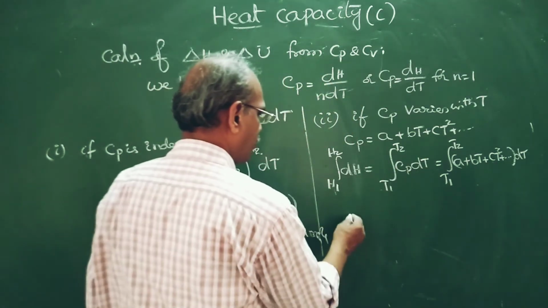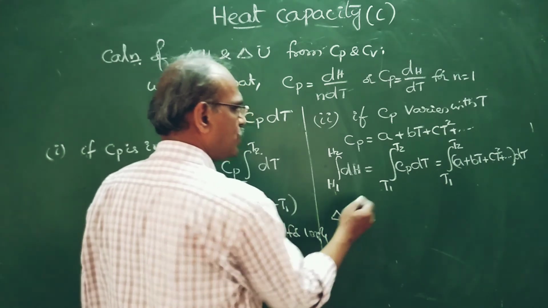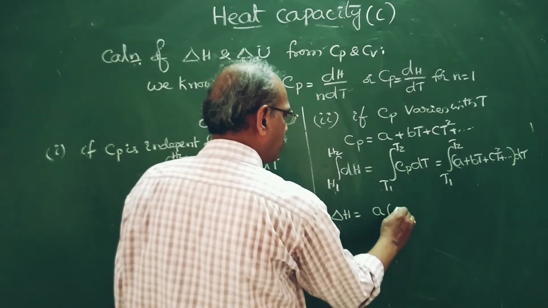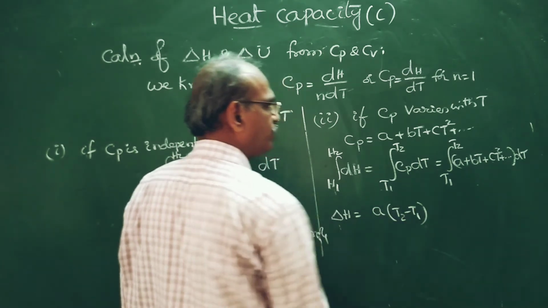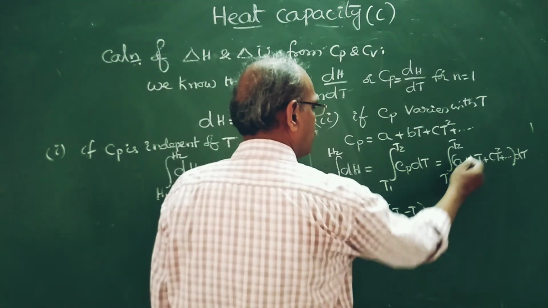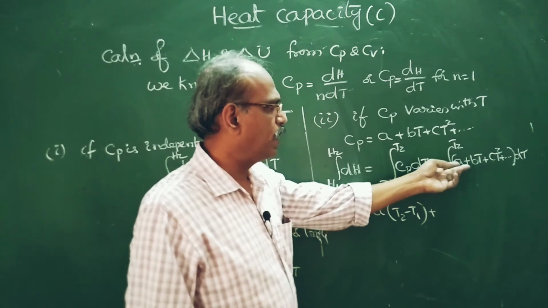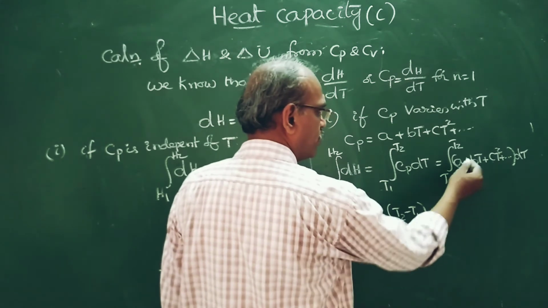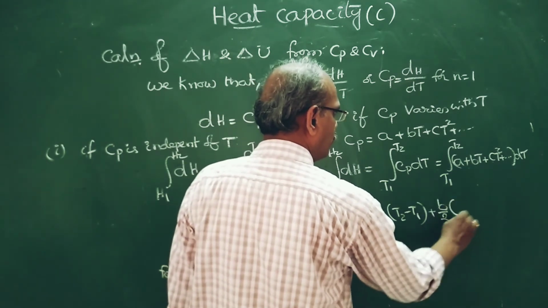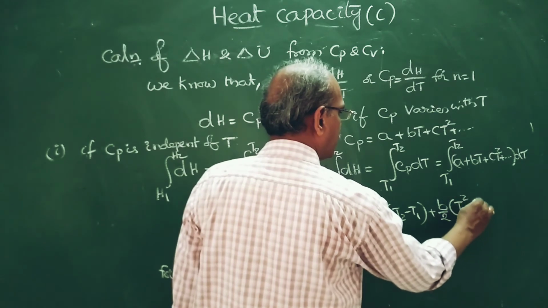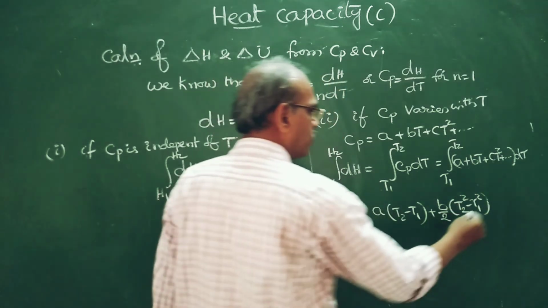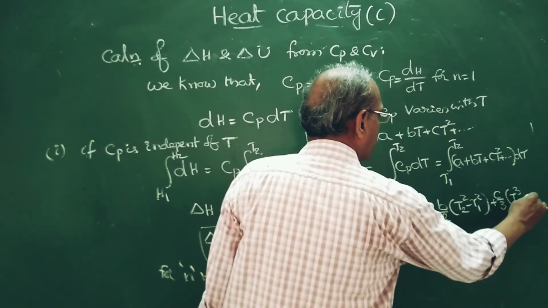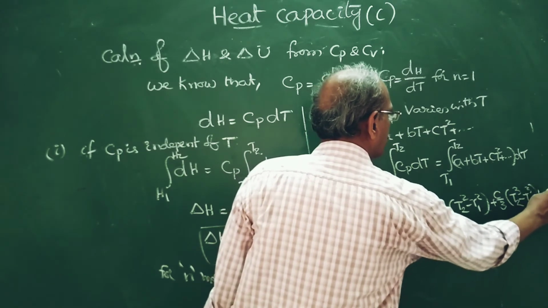On integrating this, we get delta H is equal to A into T2 minus T1 plus B by 2 into T2 square minus T1 square plus C by 3 into T2 cubed minus T1 cubed plus so on. The integration is very clear for MPC students, mathematical students.